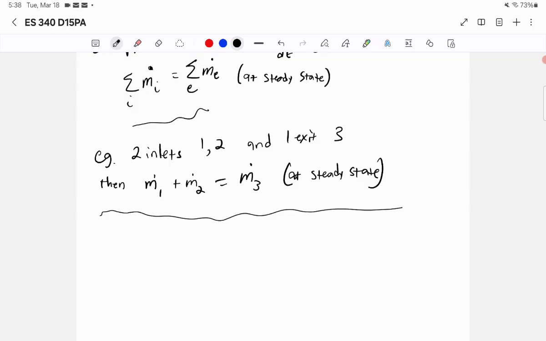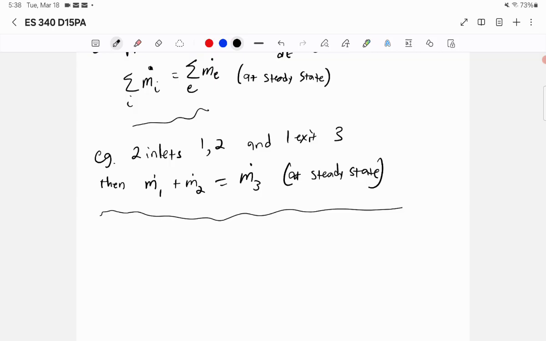Very rarely we'll deal with transient problems. Just be aware that they exist, and occasionally you might get one thrown your way in a homework problem or something. Okay, so at steady state then, what does that mean?